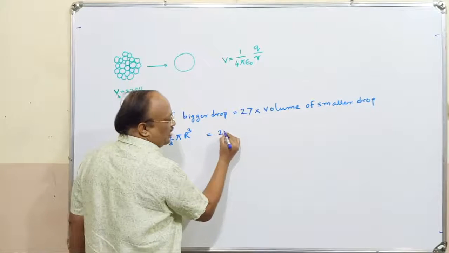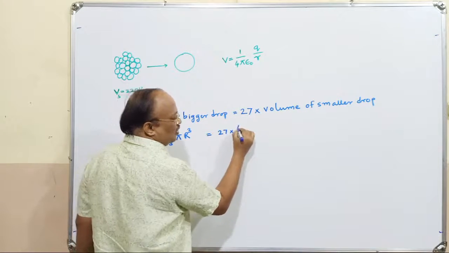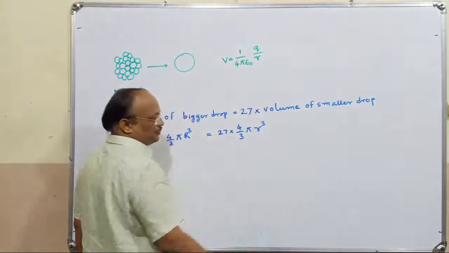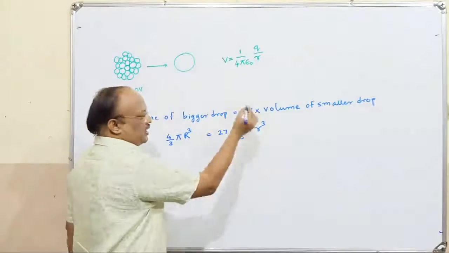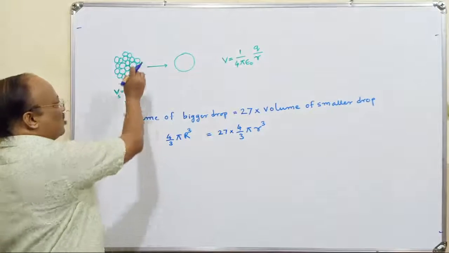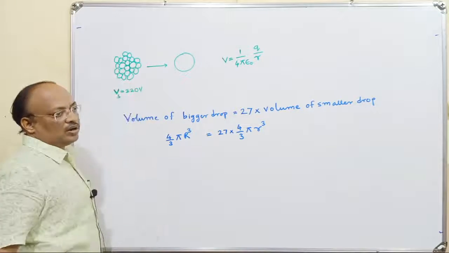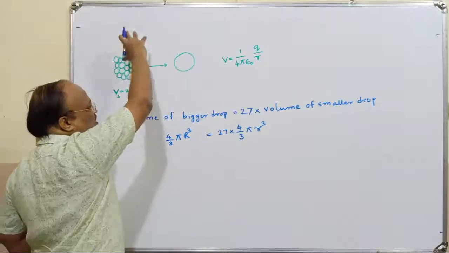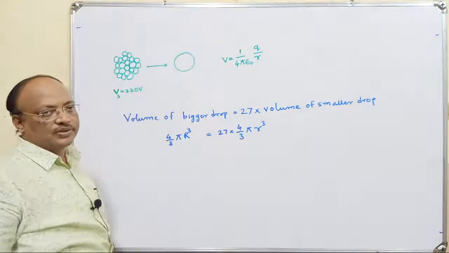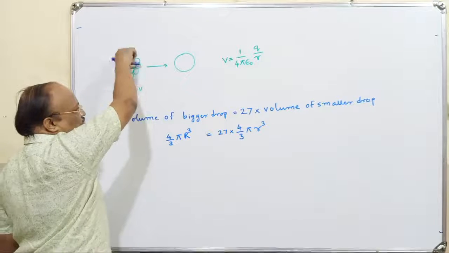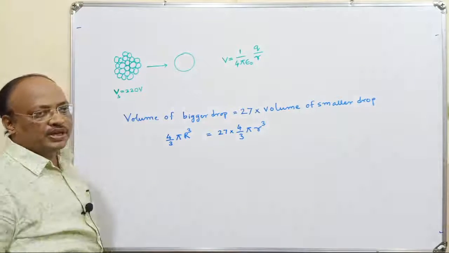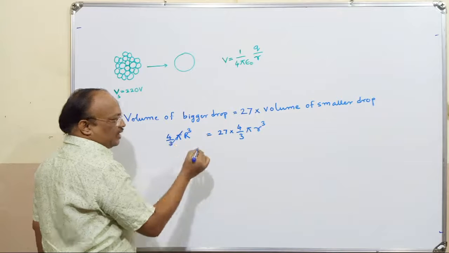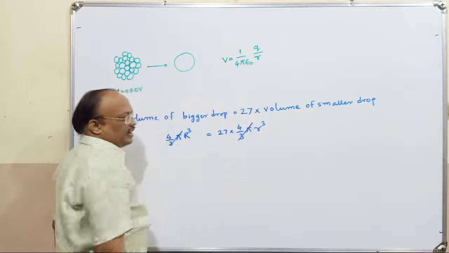This is equal to 27 times 4 by 3 pi r cube, where small r is the radius of one of the smaller drops. Because when they coalesce, the volume of this must be equal to the volume of all these 27 drops. So 4 by 3 pi and 4 by 3 pi cancel.